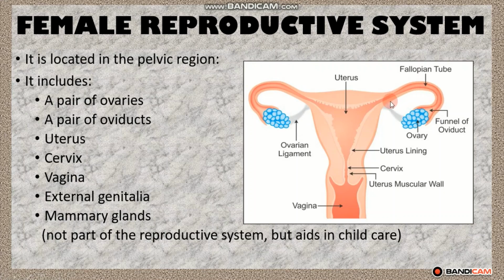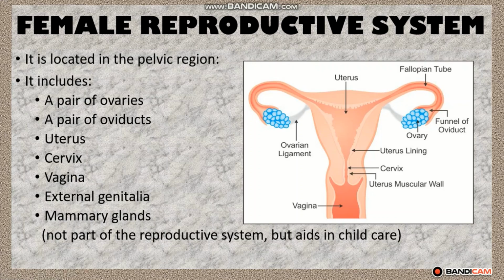This oviduct is also known as the fallopian tube, and it is about 10 to 12 centimeters in length on both sides. Each oviduct is connected and extended from the ovary to the uterus.